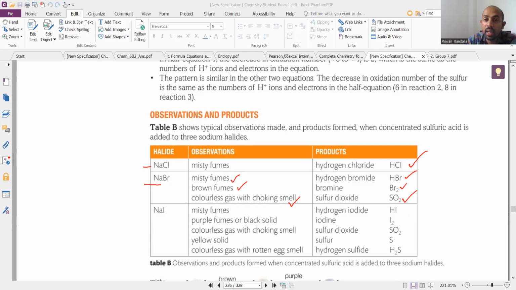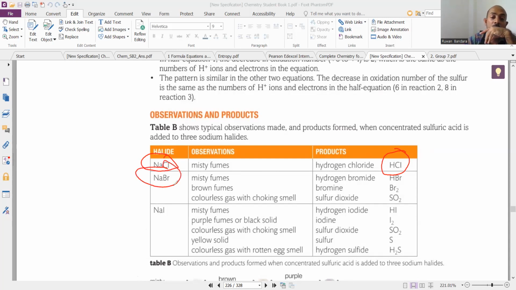With sodium iodide, misty fumes, purple fumes or black solid, which is iodine, can be formed. Misty fumes are HI, the colorless gas with choking smell is SO2, the yellow solid is sulfur, and the colorless gas with rotten egg smell is hydrogen sulfide. So, with sodium chloride, only HCl, that means no reduction product of sulfur is there.